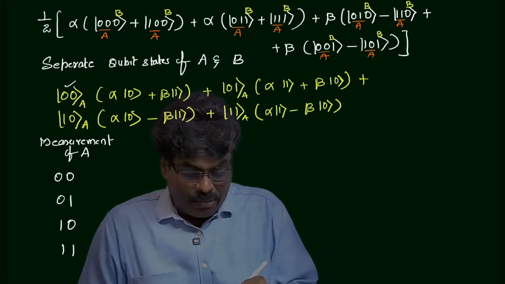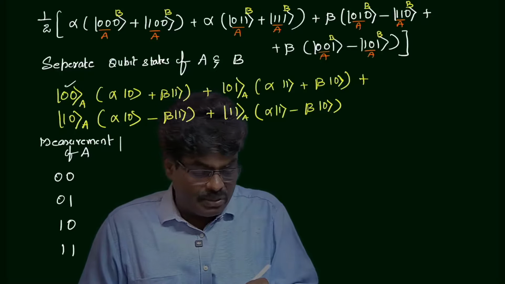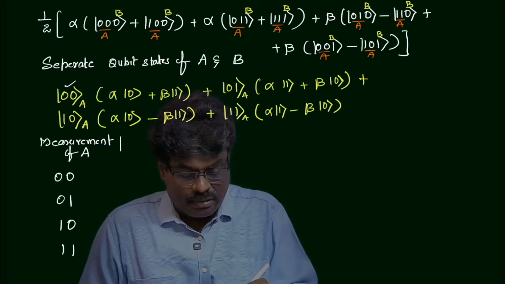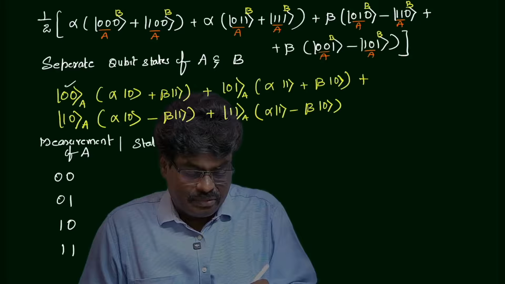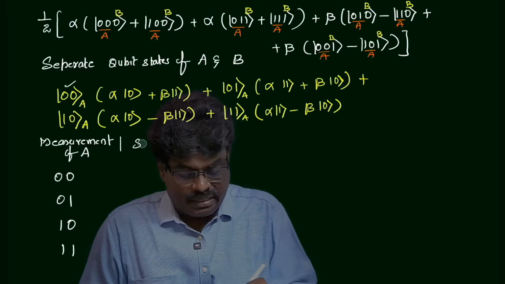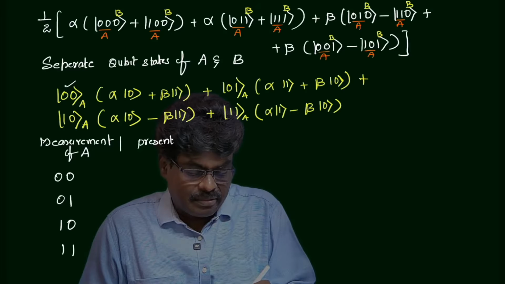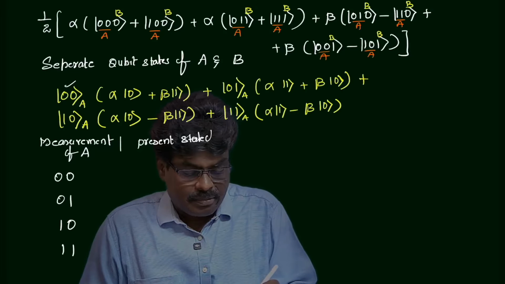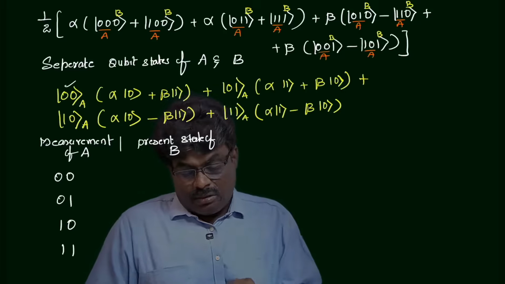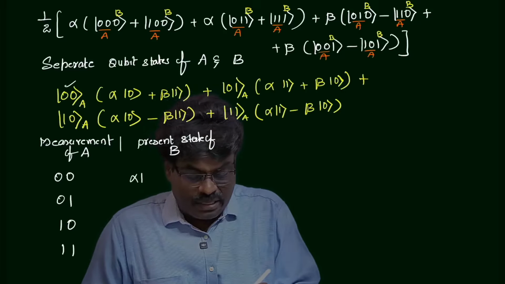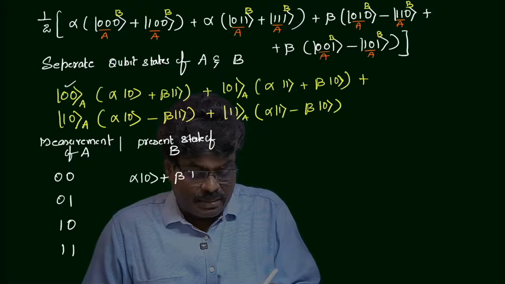Now I am taking the state corresponding to B, the present state of B, corresponding to the 0 0 measurement. So B got this state alpha 0 plus beta 1.